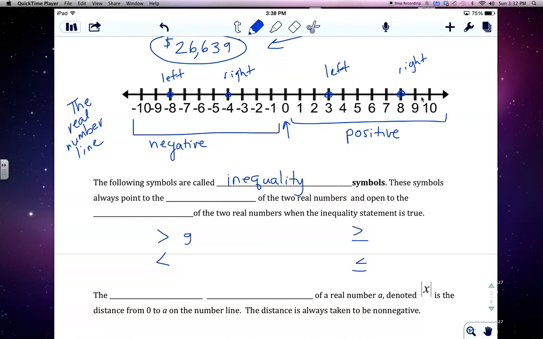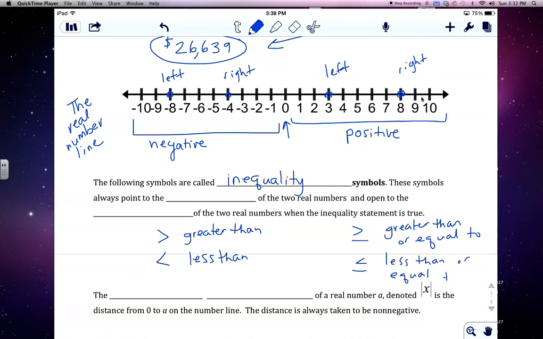This one's greater than, less than, this one is greater than or equal to, this one is less than or equal to. These symbols always point to the smaller or the lesser of the two numbers.